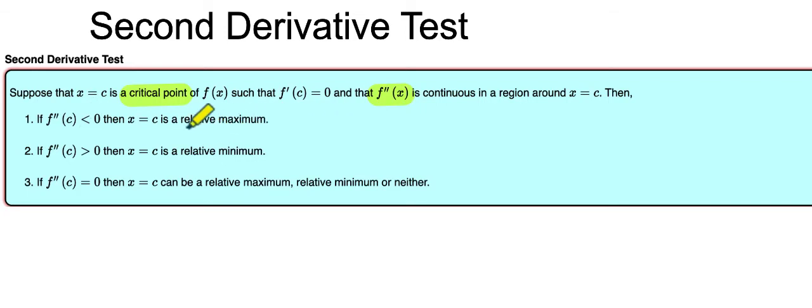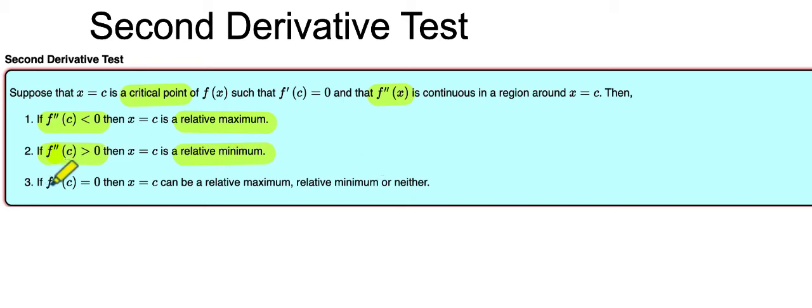And here are the results that you get. If the second derivative at that critical number is negative, you have a relative maximum or local maximum. If you evaluate the second derivative at the critical value and you get a positive result, you have a relative minimum.